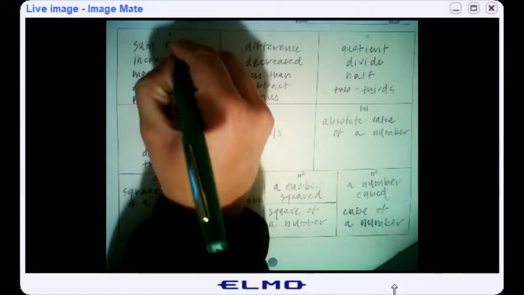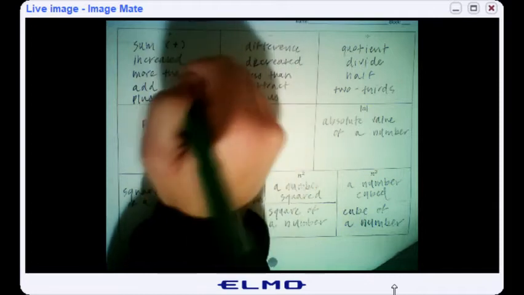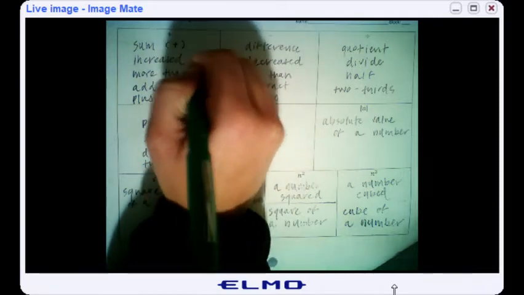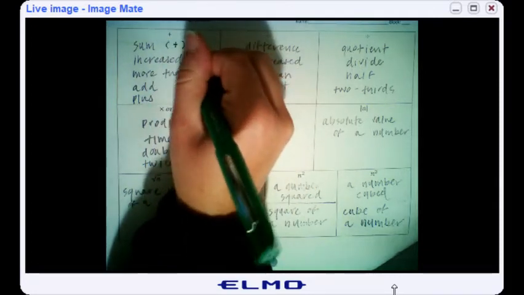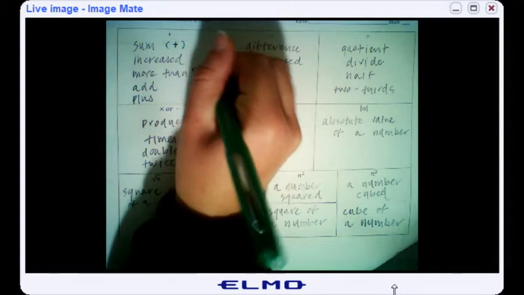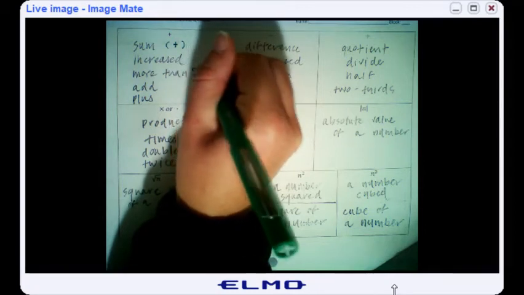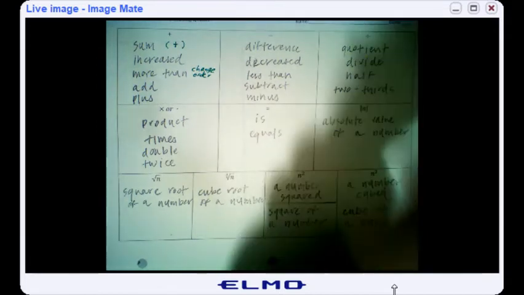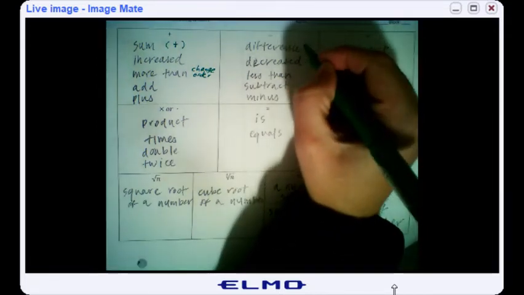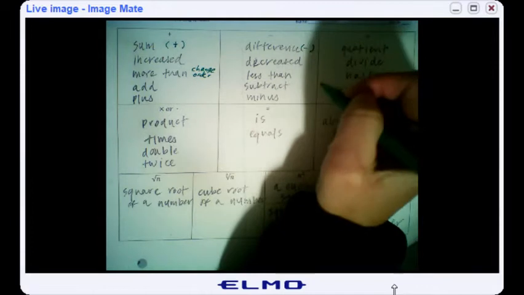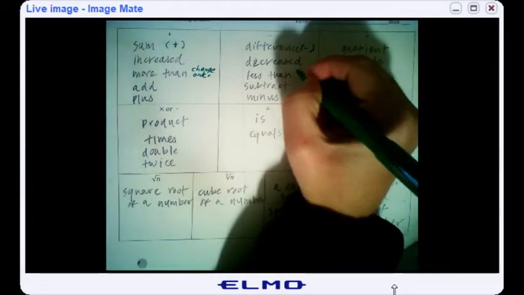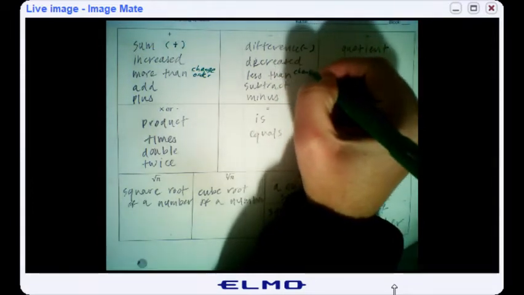And addition would be inside. More than is addition, but you change order, or switch. For difference, this is subtraction within parentheses, and less than is also when we change order.